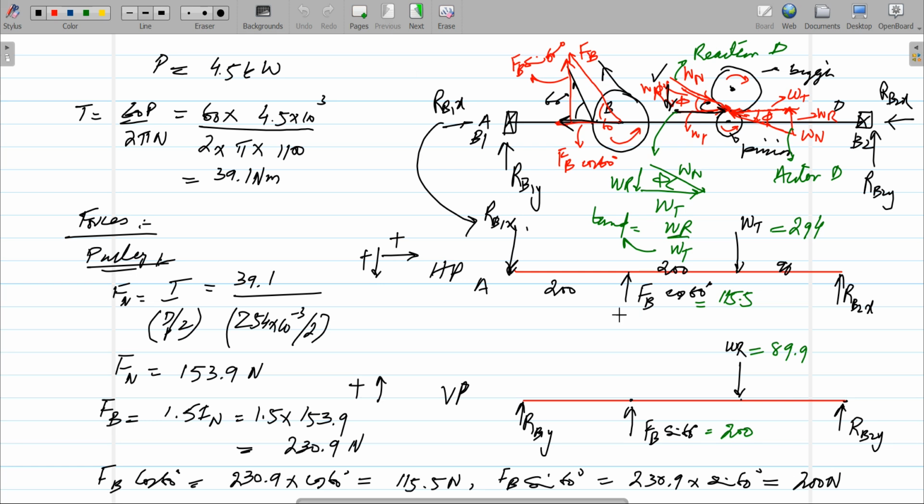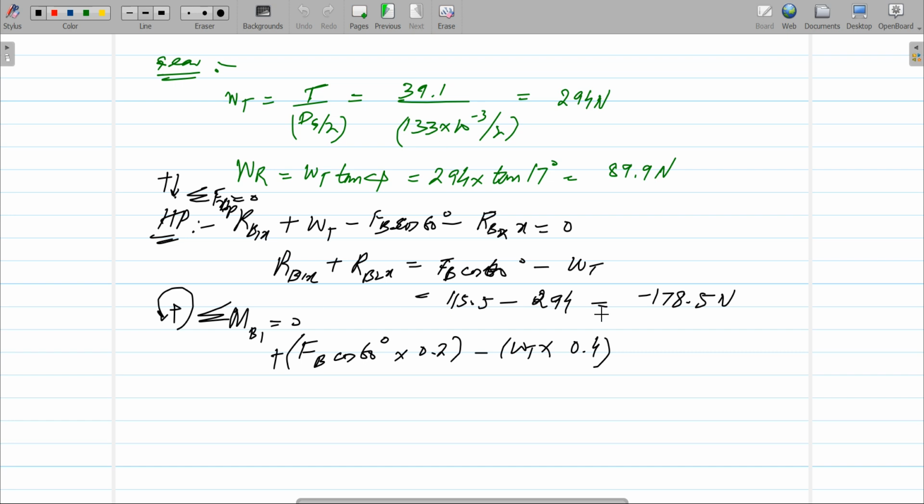So the third moment is due to this RB2x, which is counterclockwise, and combine all these distances. So plus RB2x into 0.49 equals to 0. So we have to find RB2x.